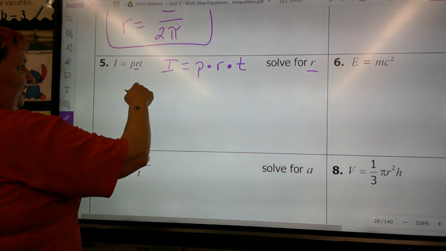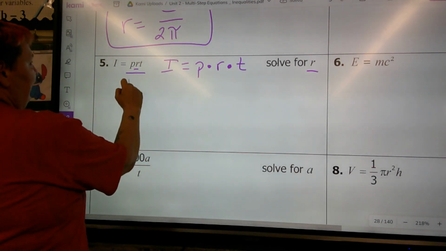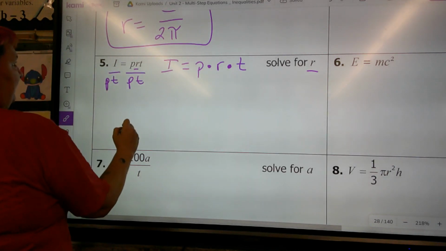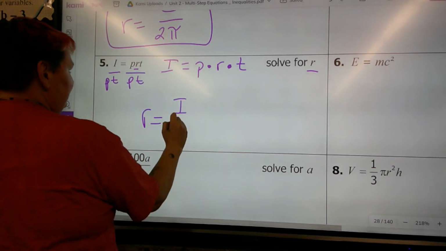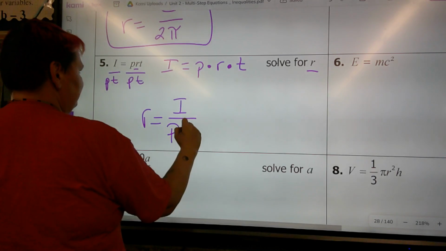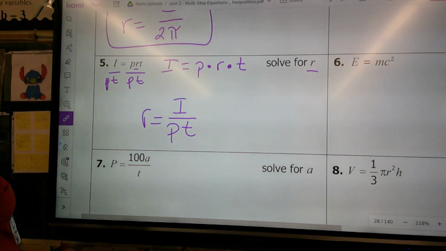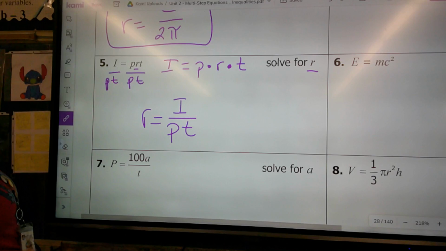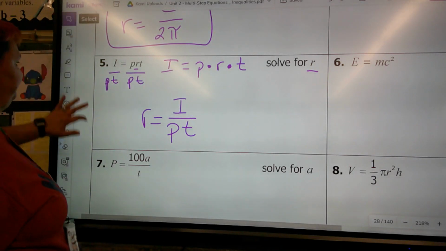So because I know that this is P times R times T, I can divide by PT, and I'm left with R equals I over PT. They're multiplying. I use the inverse, division. I'm basically just manipulating the equation.